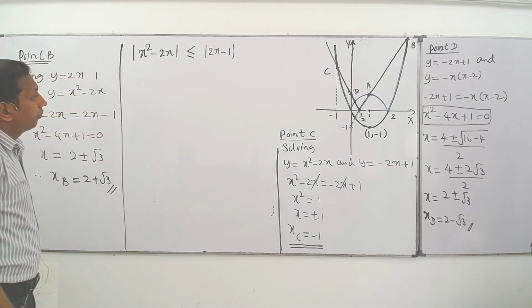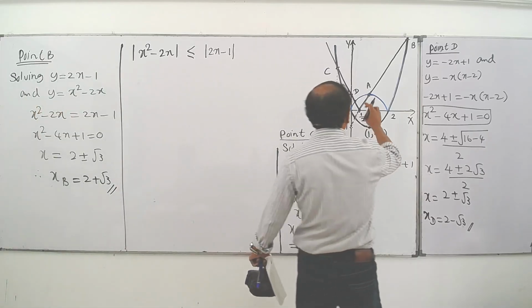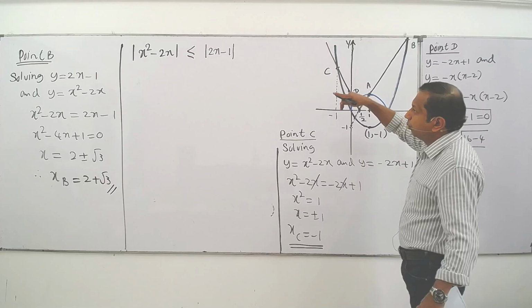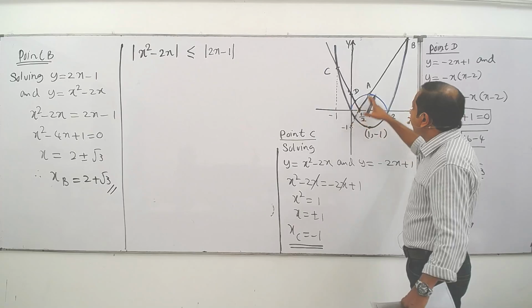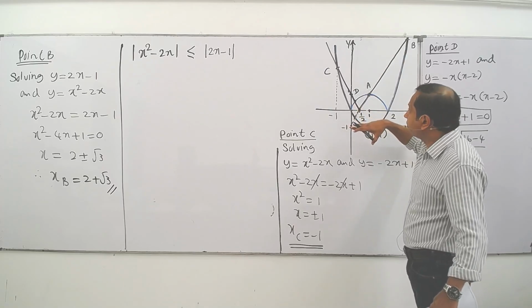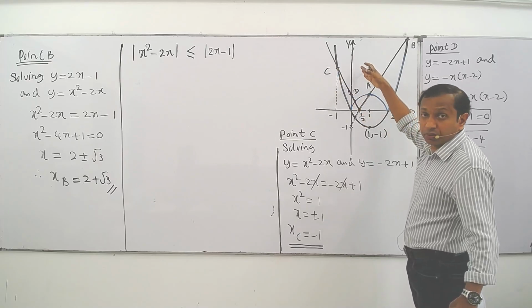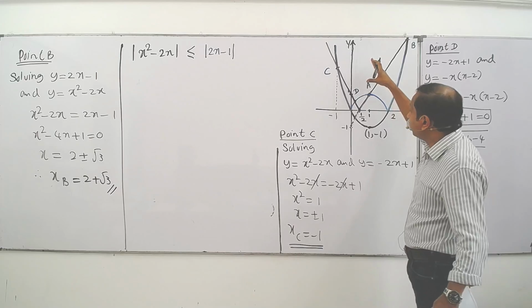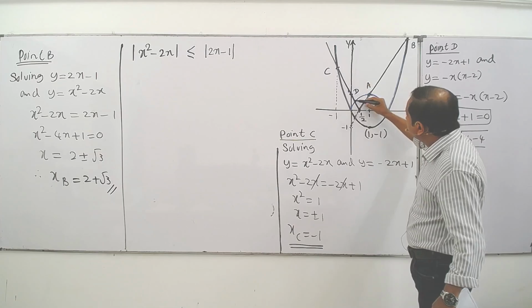It means the blue graph should be less than or equal to the black V-shaped graph. That means the black V-shaped graph should be above the blue one. You can see the black V-shaped graph is this, no?